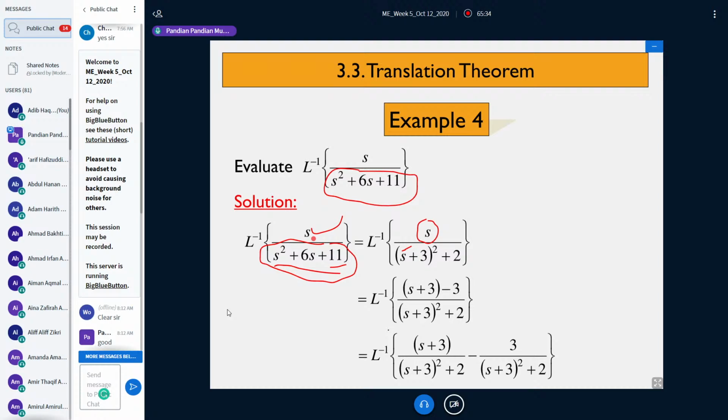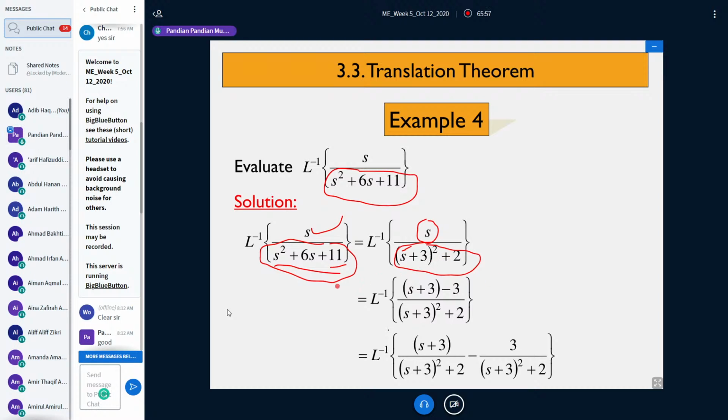But it is not directly S over S squared plus K squared, because this is S squared plus 6S plus 11. I already know we are moving towards the cos, but it can be cos plus other function also, because this is not directly cos.